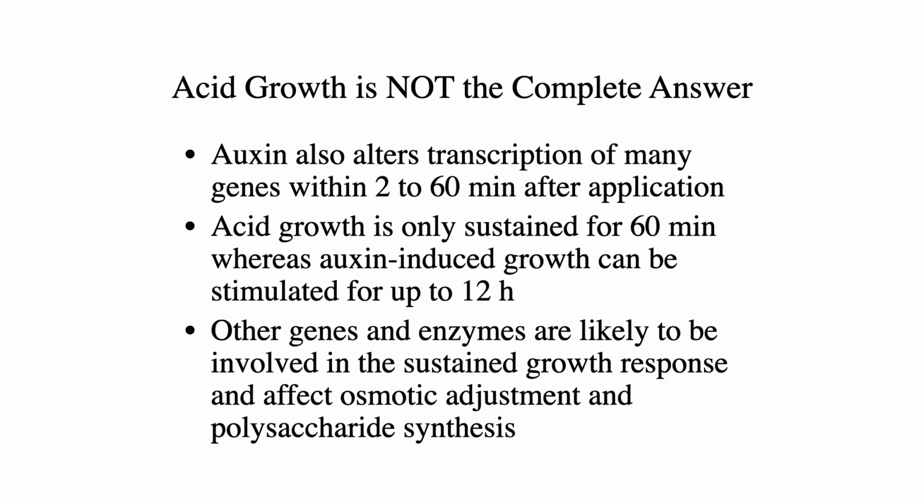For example, auxin alters transcription of many genes within 2 to 60 minutes after application. The acid growth is only sustained for 60 minutes, whereas auxin-induced growth can be stimulated for up to 12 hours. There are other genes and enzymes that are likely to be involved in the sustained growth response that affect osmotic adjustment and polysaccharide synthesis as well.